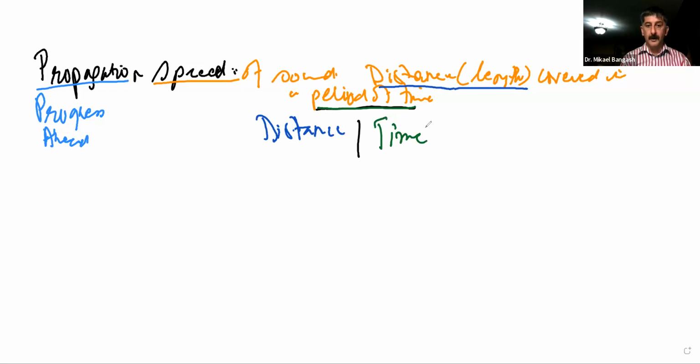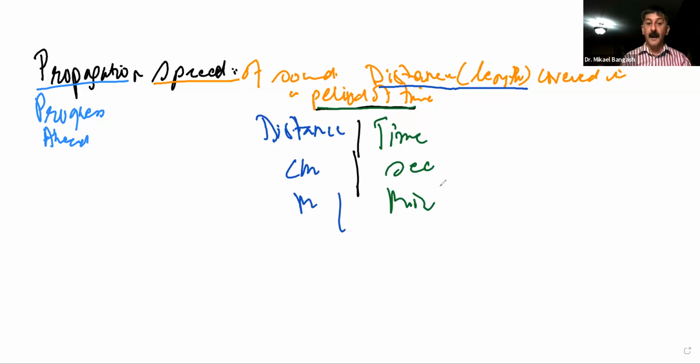So you can say something like centimeter per second. You can say meter per minute or second if you want.